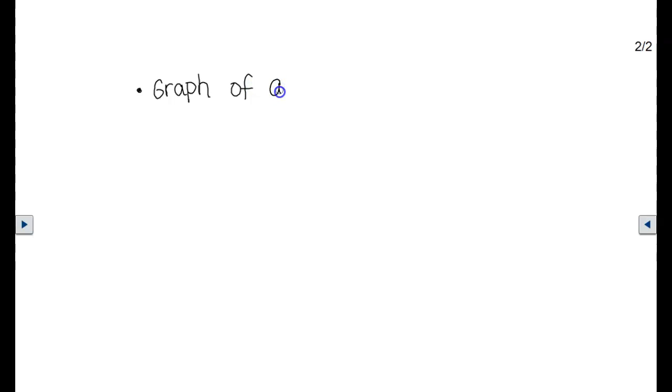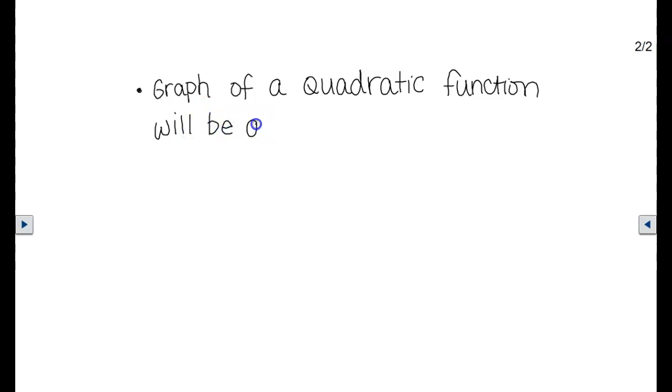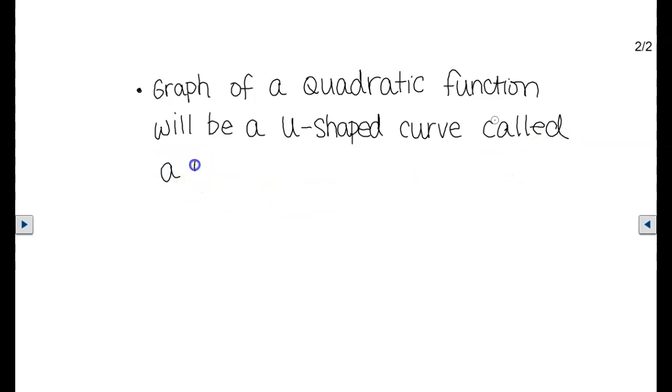But the graph of a quadratic function will be a U-shaped curve called a parabola.